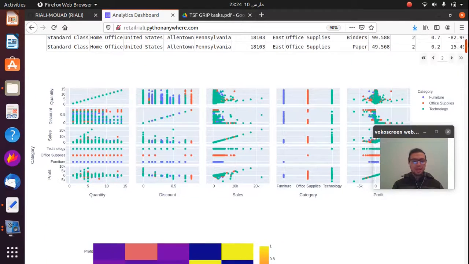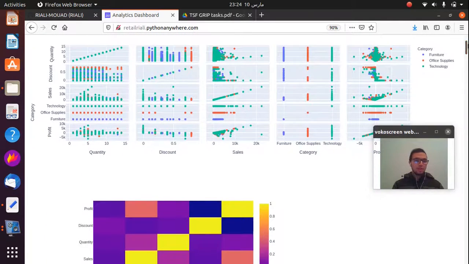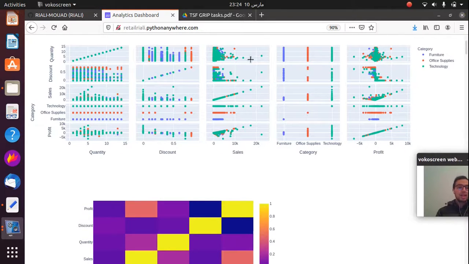The first thing we've done is to generate this scatter matrix that told us a lot about the data and the relationships between the different variables. Here we have profit, sales, discount, quantity, and category.